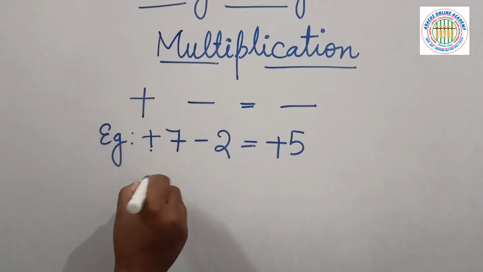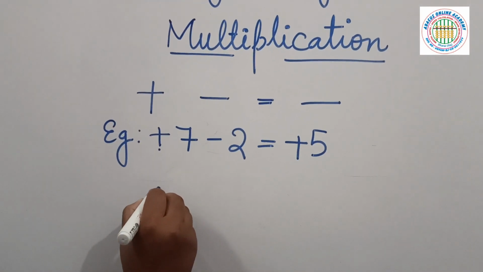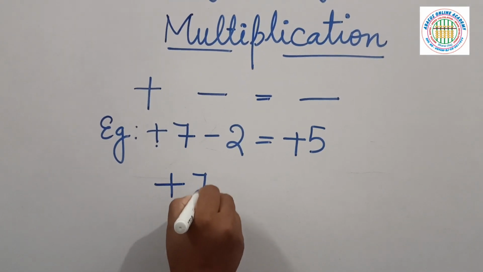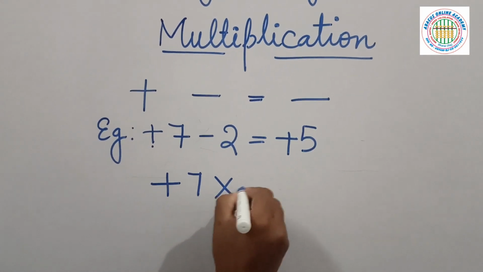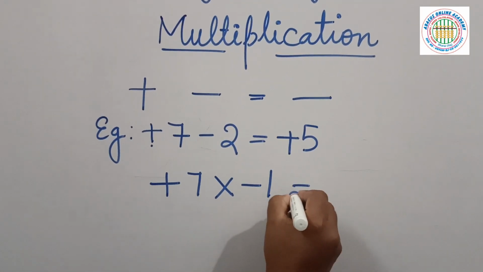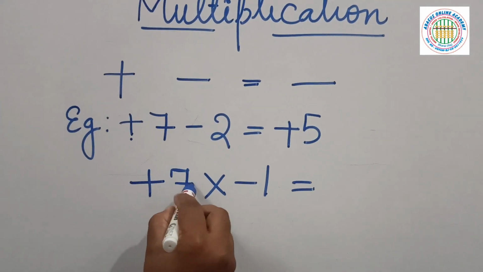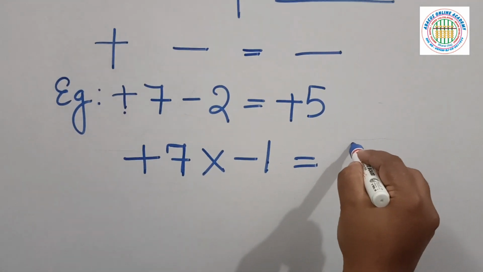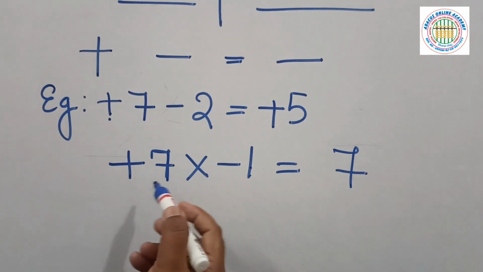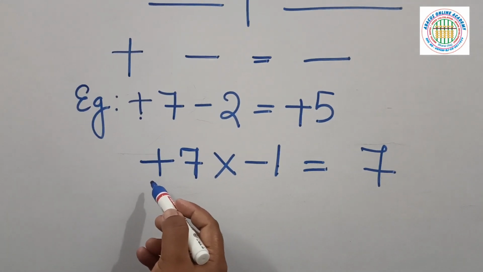Okay, in multiplication, if I say plus 7 into minus 1, what will you do now? You just have to multiply. 7 times 1 is 7. And what sign will you add now?